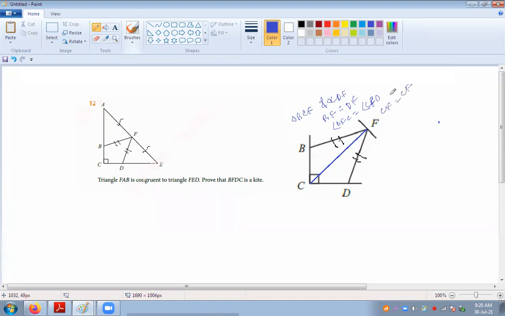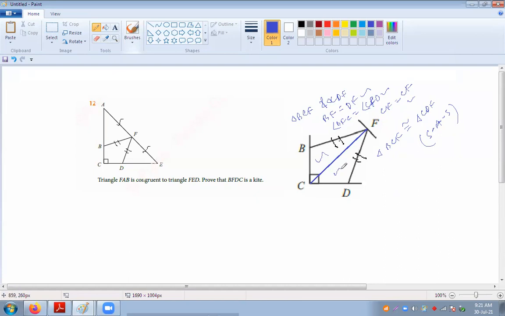So one side, the angle in between, and another side. So these two triangles, BCF and CDF, are congruent by which rule, which axiom? Side angle side.